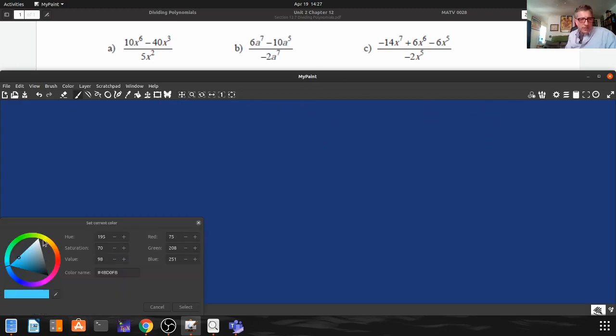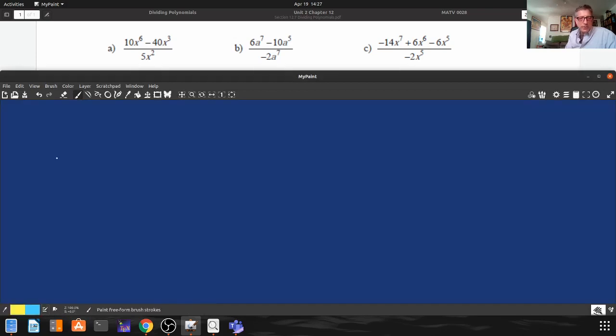So let's do number C. These are really simple. Minus 14 x to the 7th plus 6 x to the 6th minus 6 x to the 5th divided by minus 2 x to the 5th. So this will turn out to be a polynomial.